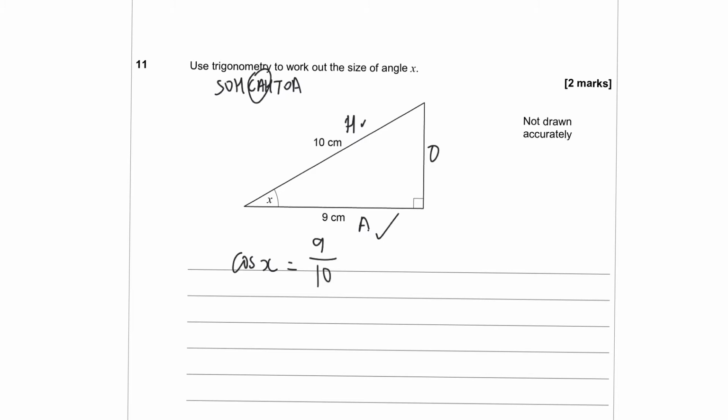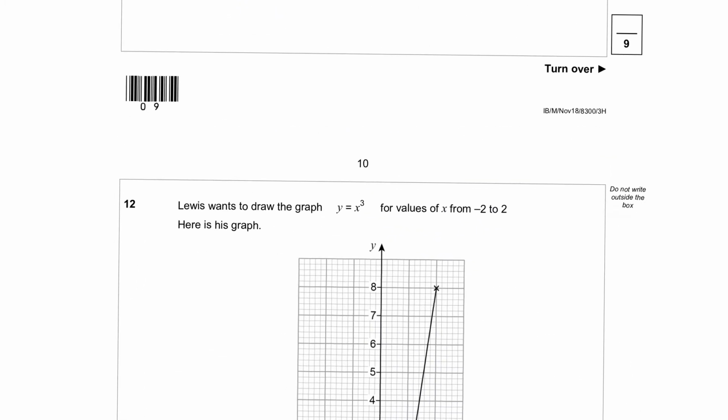So then in order to work out the angle in SOHCAHTOA, remember you want to do inverse. So x will be equal to inverse cos, aka cos minus 1, which in your calculator press shift, then cos, and then put in the bracket 9 over 10, and that should give you an answer of 25.8 degrees, or you can put 26, either way, mark scheme allowed it.